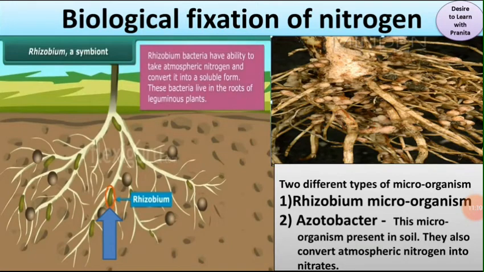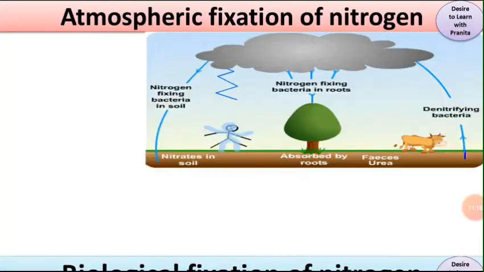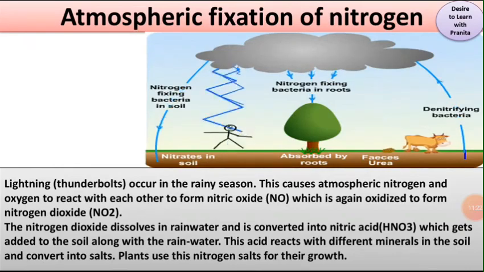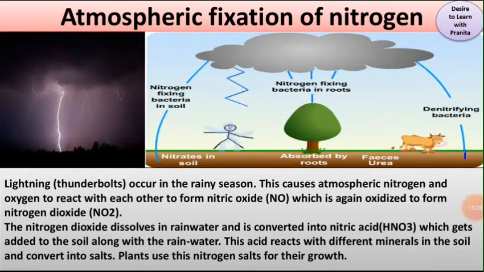The next topic is the same, nitrogen fixation. Like that only, the second part is atmospheric fixation of nitrogen. Now in this atmospheric fixation, lightning occurs in the rainy season.